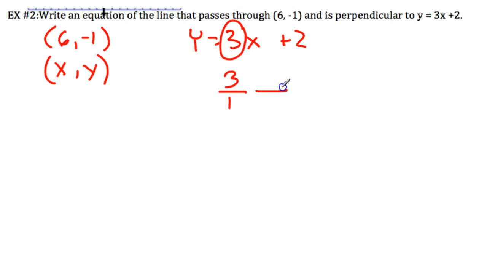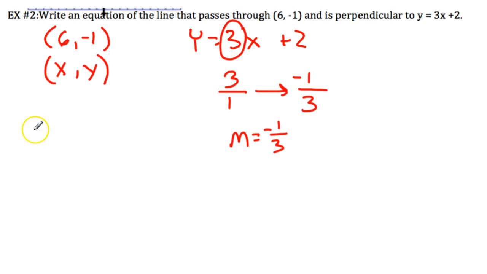So when we make the reciprocal, the first thing we do is we flip the fraction: 1 over 3. And then it's the negative reciprocal, so it has to be the opposite sign of this. This is positive, so it has to be negative. So my slope for my perpendicular line will be negative 1 over 3.